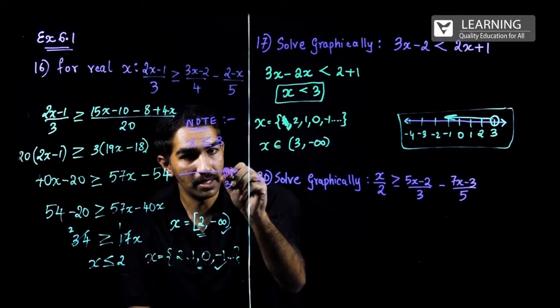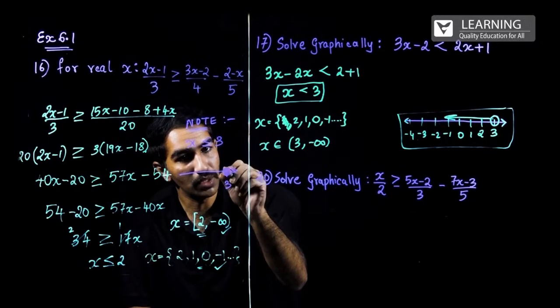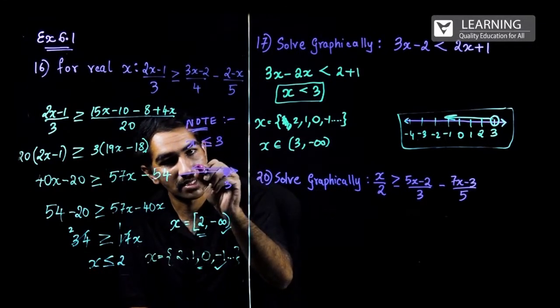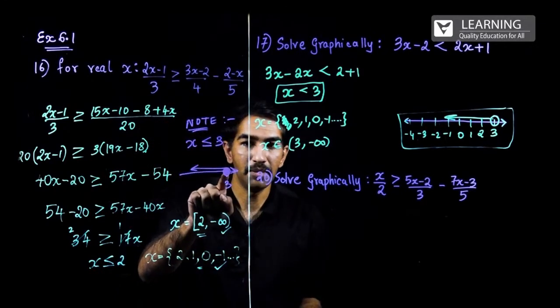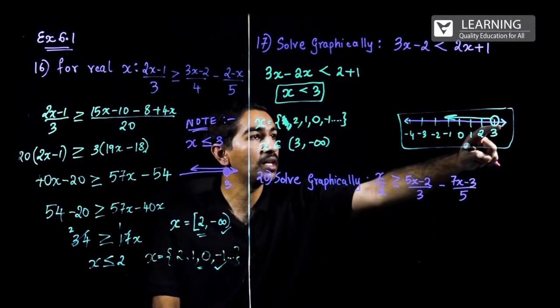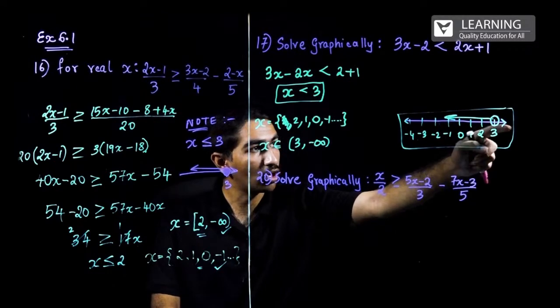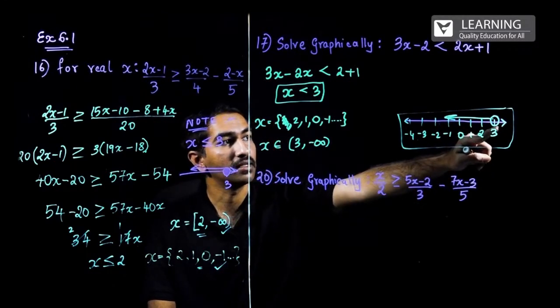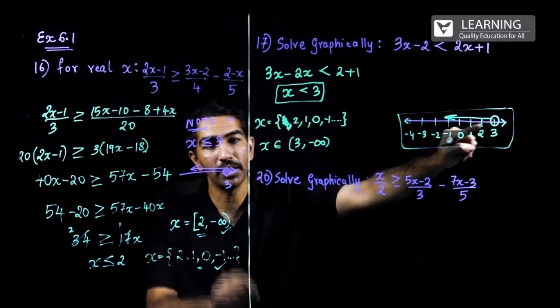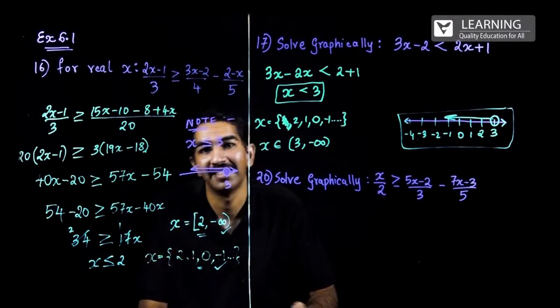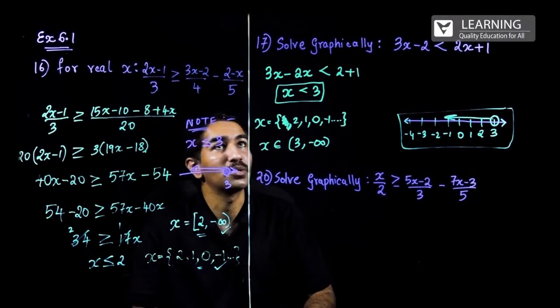So draw a bubble and also shade it inside like this. It means you are including 3 and also the values lesser than 3. Shading means you are including it. If you are putting only a bubble and no shading, you are not including 3. You are including all the values lesser than 3 but not 3. So that is a hollow bubble. If you are including 3, then you have to shade the bubble like this. Understood? So this is question number 17.